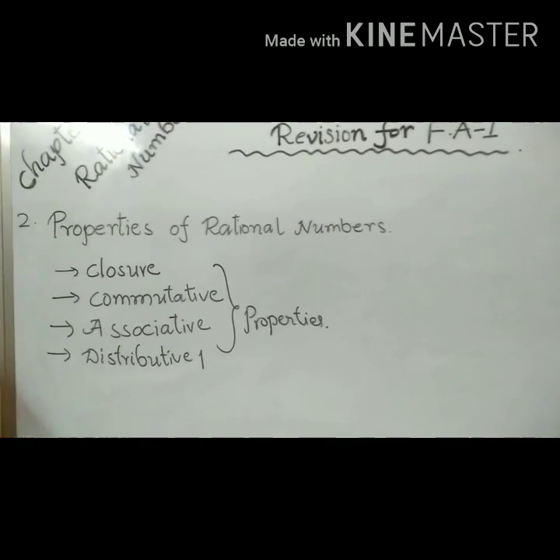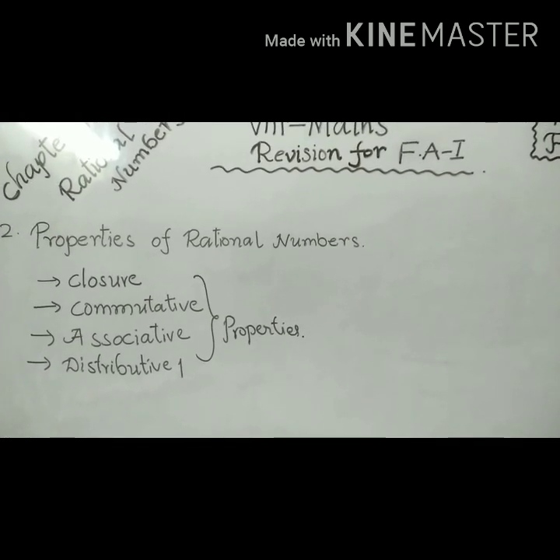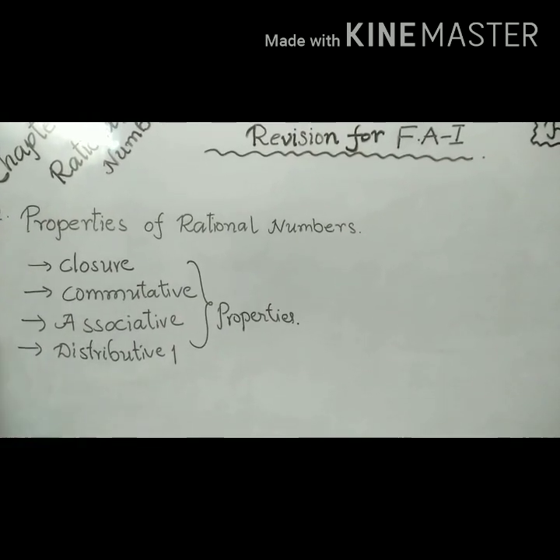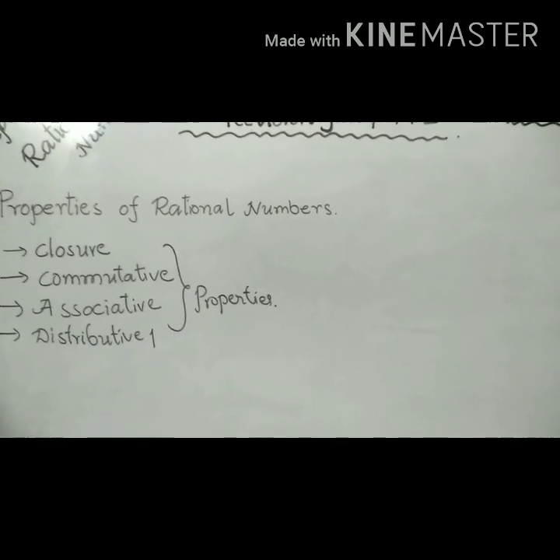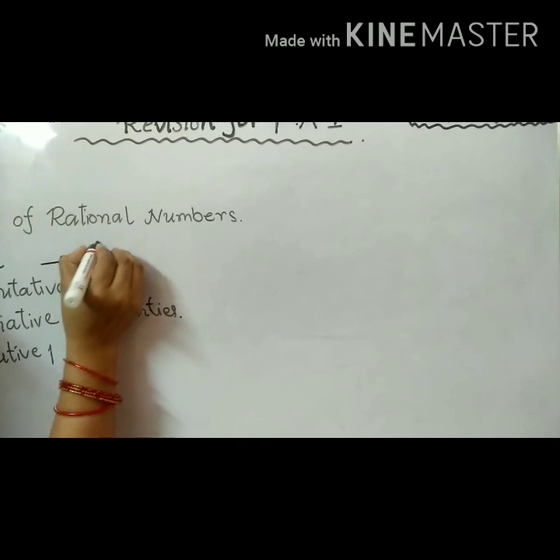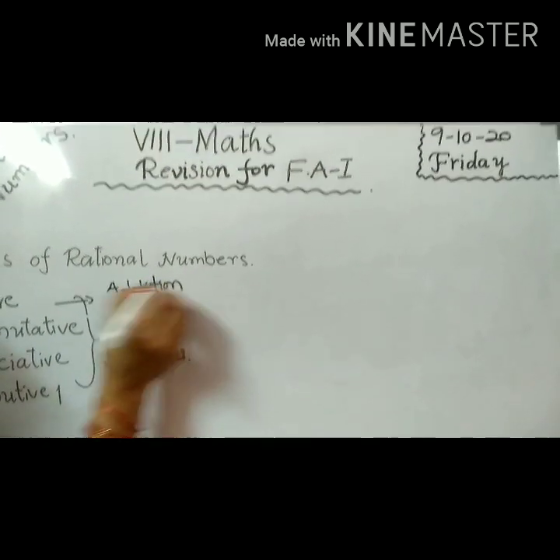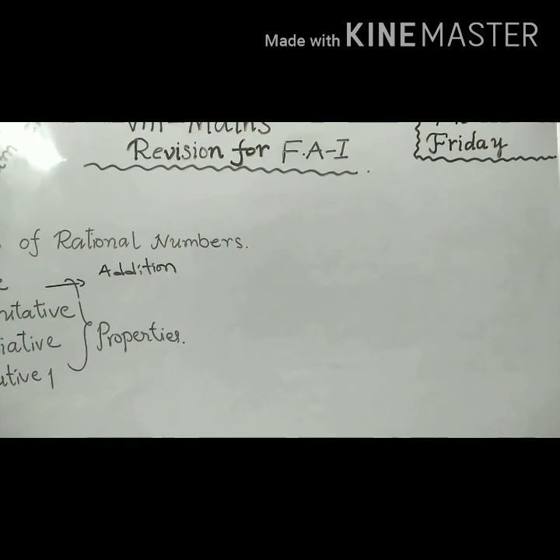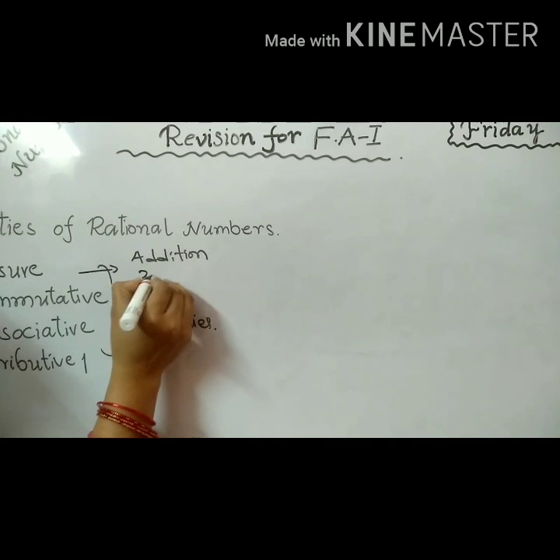Okay, what is the closure property? First we learn what the closure property is. The sum of two whole numbers is also a whole number. For example, under addition, take two whole numbers, 2 and 3.